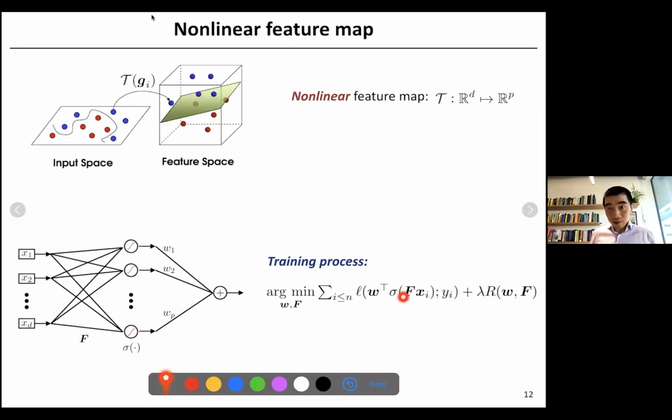So in this case, the parameter is just F, the weight coefficients for the first layer mapping. Okay? So the minimization problem is over W and F. So this is one way to think about a neural network, how learning is done.